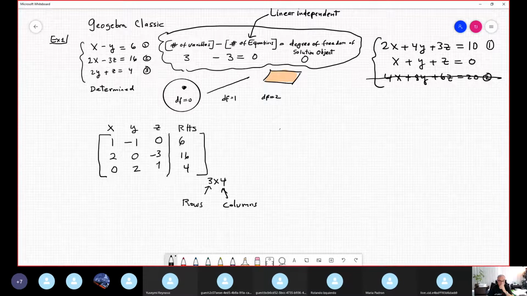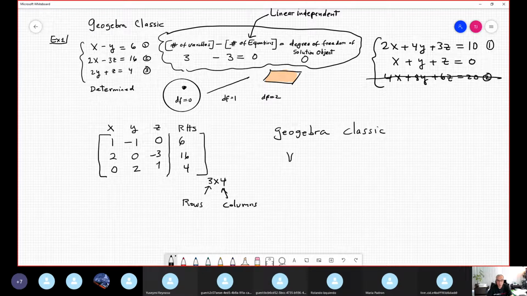Okay, now let's go to Geogebra. Geogebra is software similar to Desmos, but it's more powerful than Desmos because it contains the part on matrices. When you open Geogebra Classic, you go in the menu to the view, because there are different views, and you select algebra.